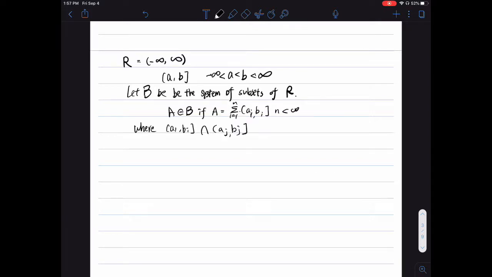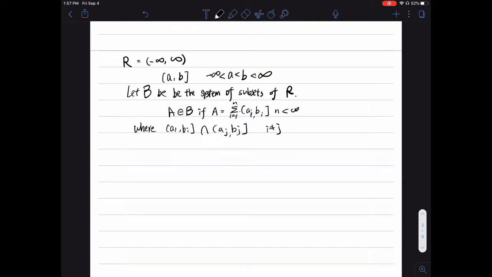So we define a new set as the sum of finite disjoint intervals. When I say disjoint, I mean that (a_i, b_i] and (a_j, b_j] have no intersection when i is not equal to j.